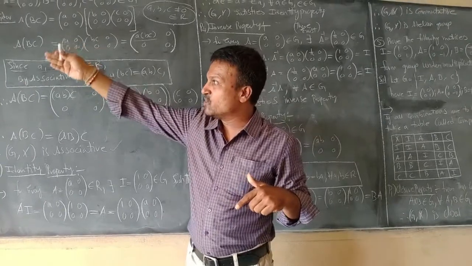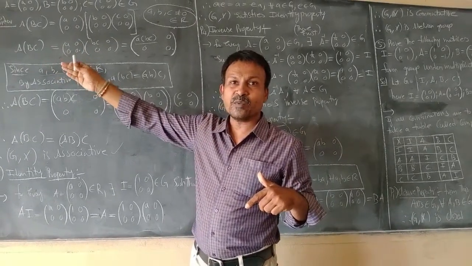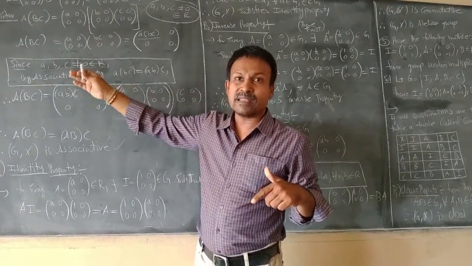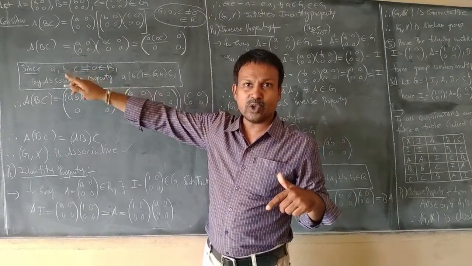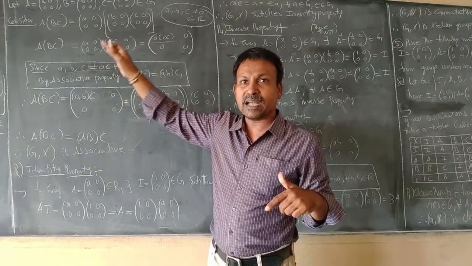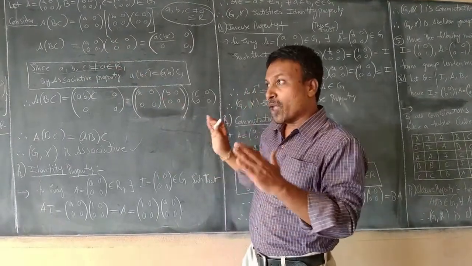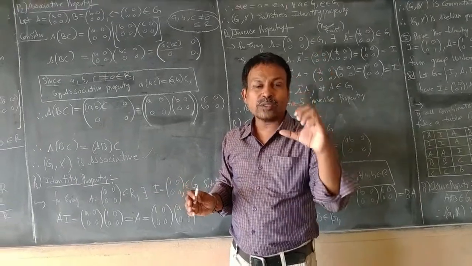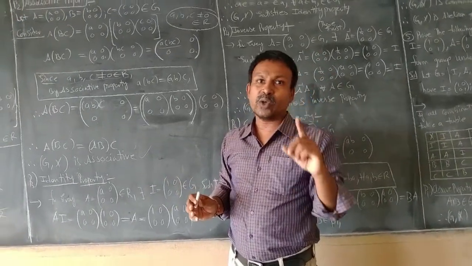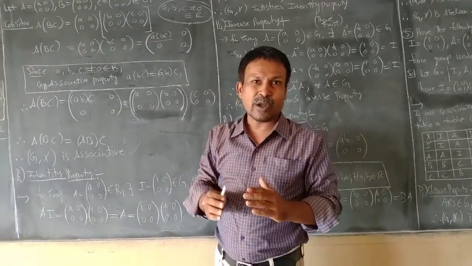Because the set of matrices G is a special kind of set containing different matrices in the form of [a 0; 0 0], where a is not equal to 0 and belongs to the set of real numbers R. Therefore, we would have to verify all the matrices and pick out the identity matrix. So, it is a laborious process.